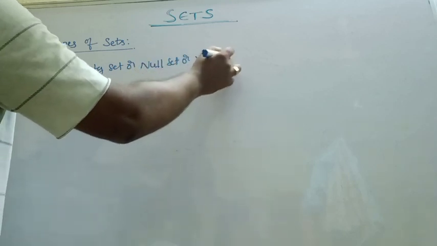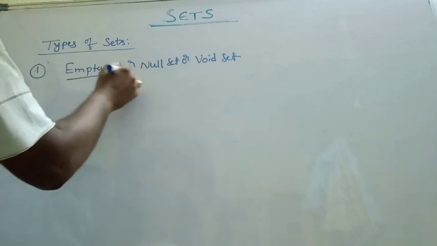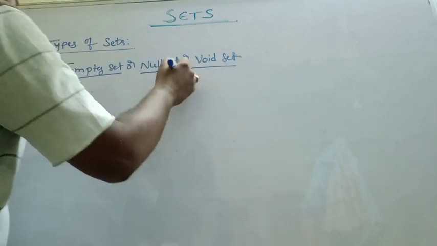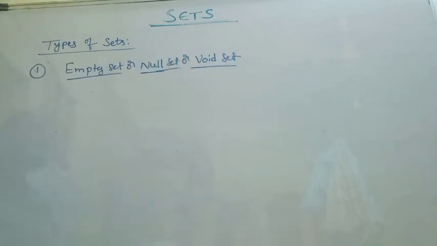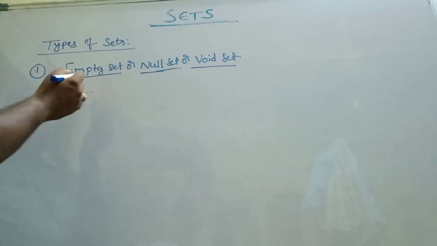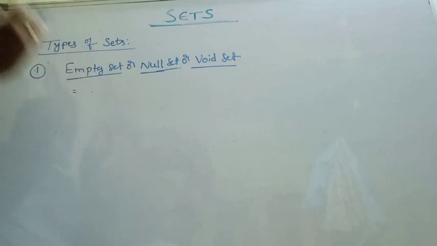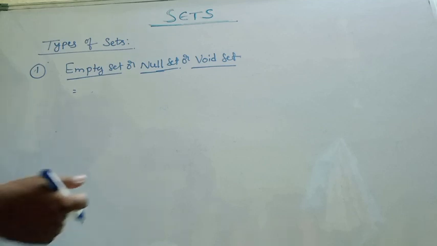There are three different names for this: empty set, null set, or void set. What is its definition? The set does not contain any elements at all. A set consisting of no elements is called an empty set or null set or void set.